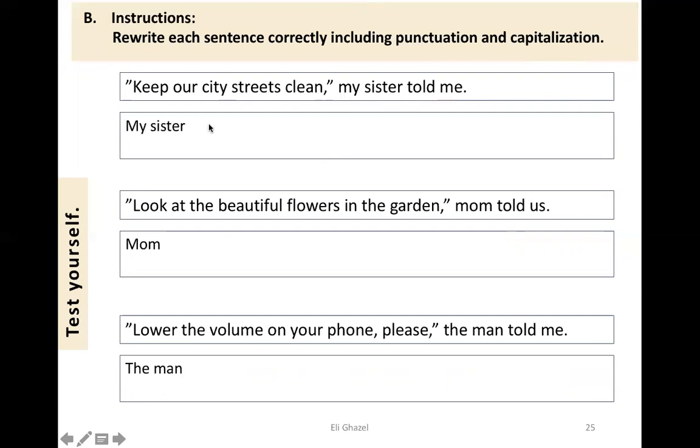So my sister told them, again, if they can do the previous one like 95% correct, there shouldn't be any problem here. But if the previous one still has serious problems, then they are not ready for this one.